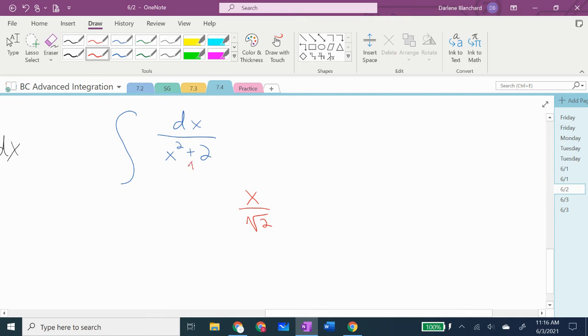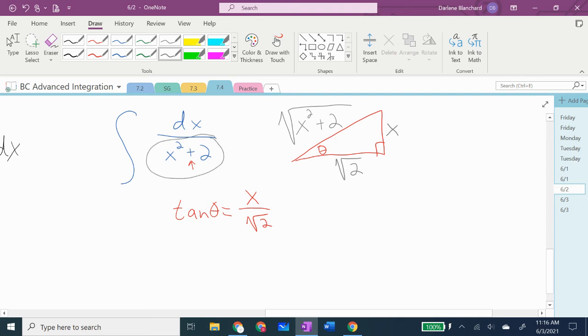If I'm going to get an addition of those two, they need to be the legs of a right triangle. If the x and the root 2 are both legs, then I'm either going to use tangent or cotangent, and I would prefer tangent. Tangent is equal to the opposite side divided by the adjacent side, and then Pythagorean theorem gives us the square root of that sum of squares that we have.